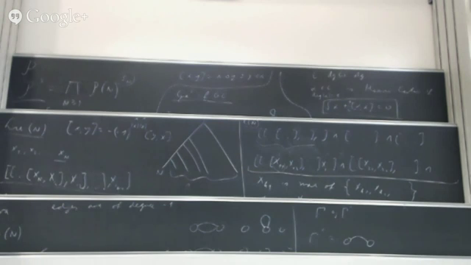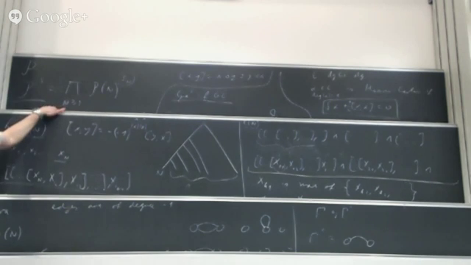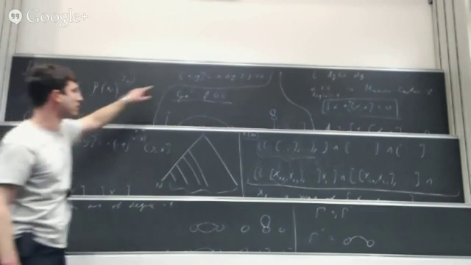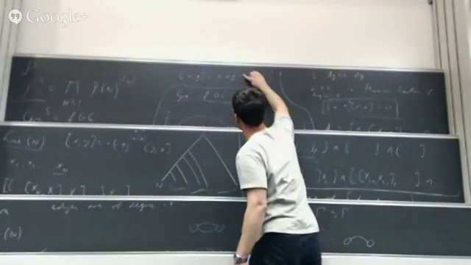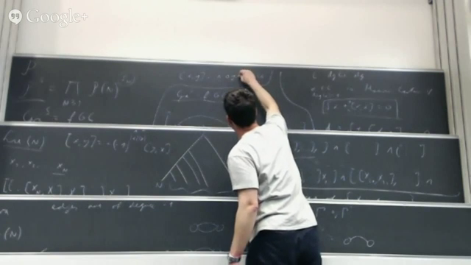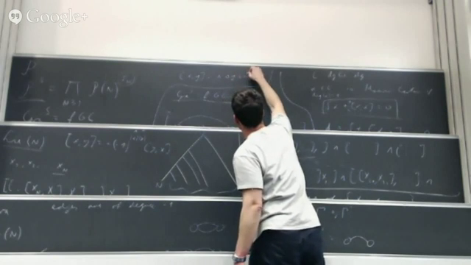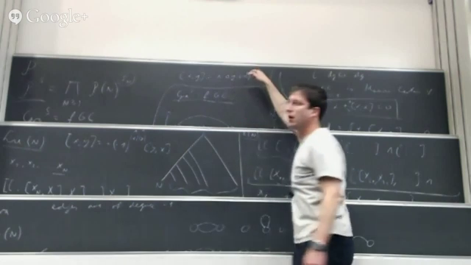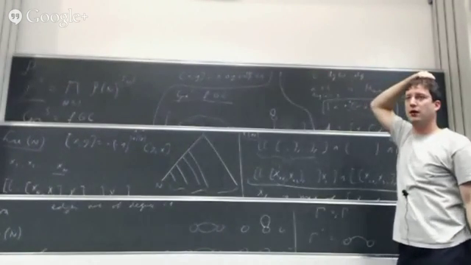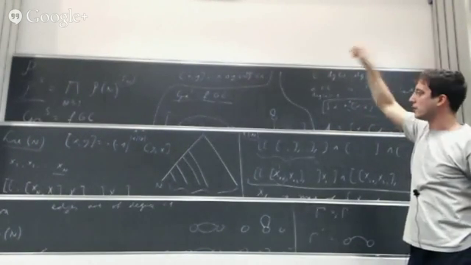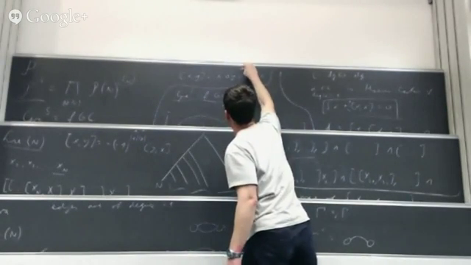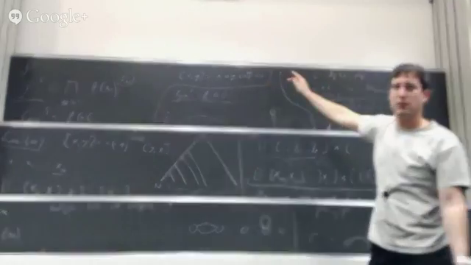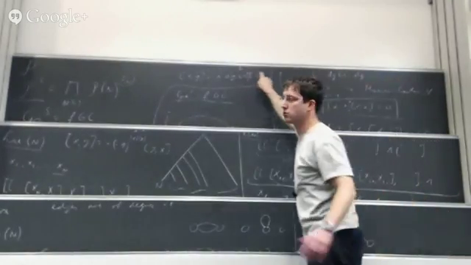I'm just looking at the top line of the board. This probably goes here, minus 1 to xy. Oh, okay. So I put plus minus not to bother with signs, but the sign depends on the degrees of x and y.